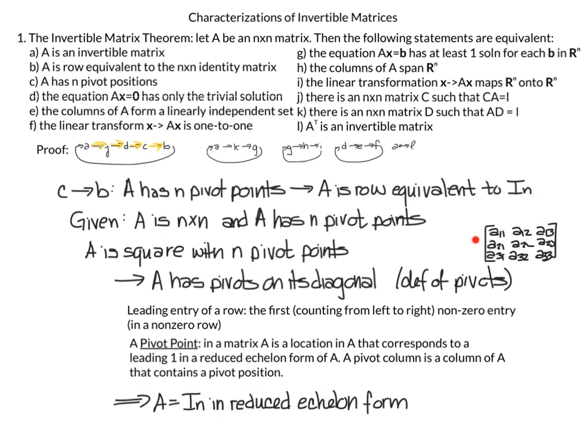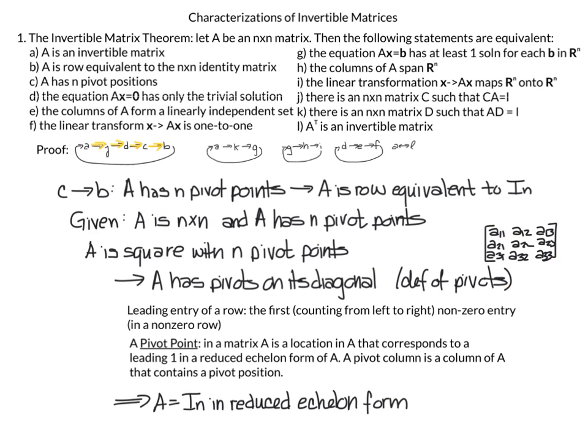I've drawn this little 3 by 3 matrix here, and if there are 3 pivot points and the pivot point has to be a leading entry, that means that the first pivot point has to be in the top left. The next one has to be right on the diagonal, and the next one has to be the bottom corner. So A has n pivot points and they are on the diagonal.